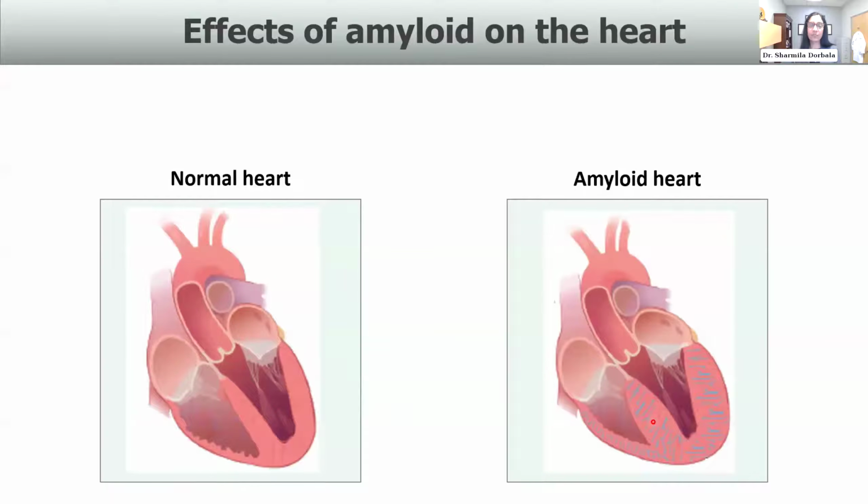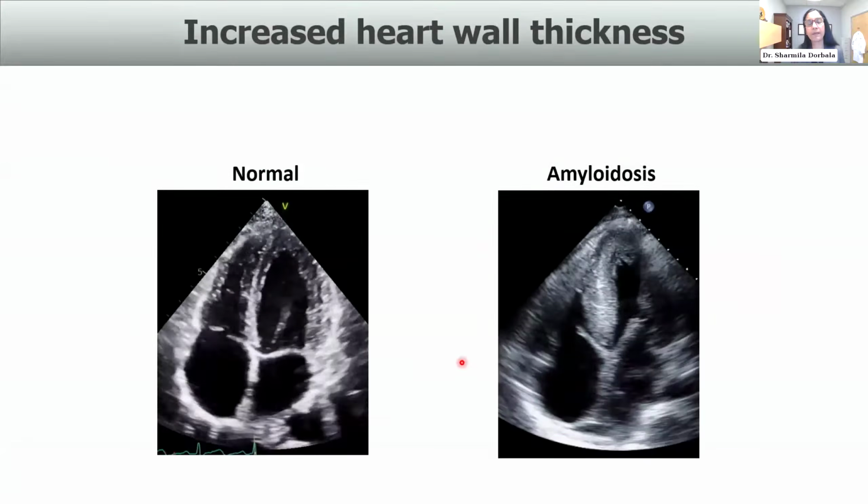In the initial phase of the disease, it contracts normally, but it has challenges in relaxing or filling with blood. And that is what accounts for the symptoms of difficulty breathing. That is one of the commonest symptoms experienced by people with cardiac amyloid.